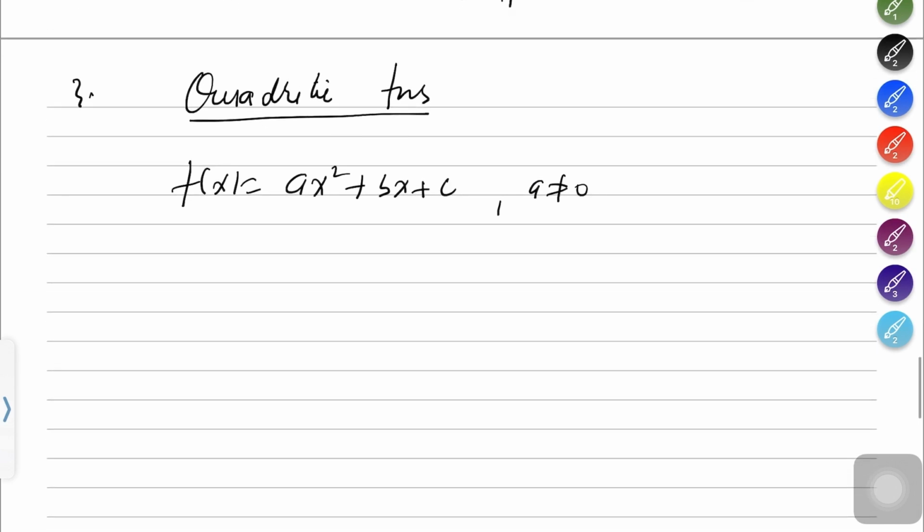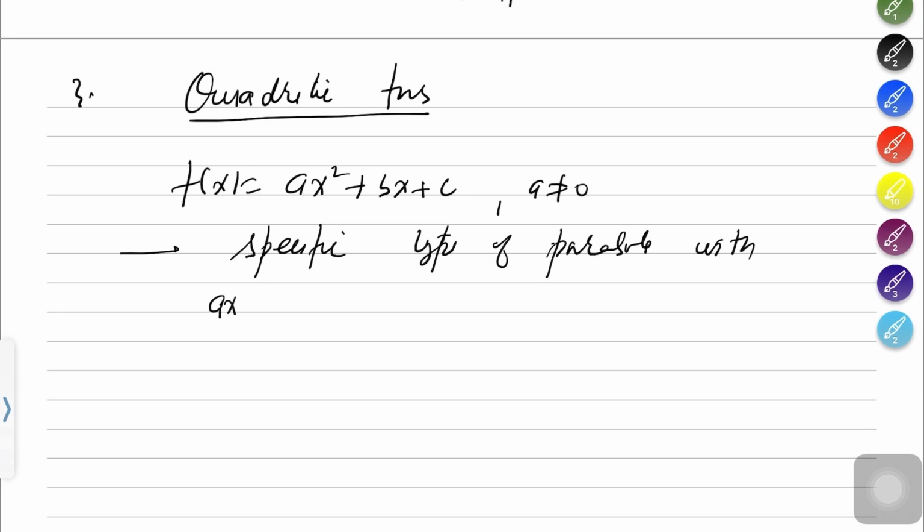So for a quadratic function, how will the graph look like? You should note down that the quadratic function is a parabola, a specific type of parabola with axis of symmetry parallel to the y-axis.